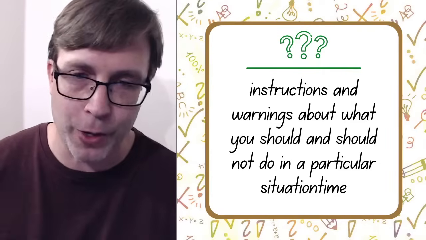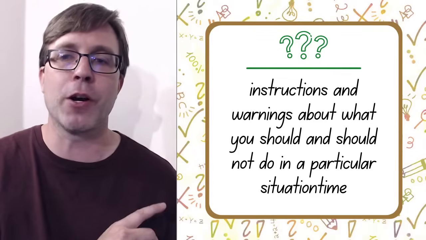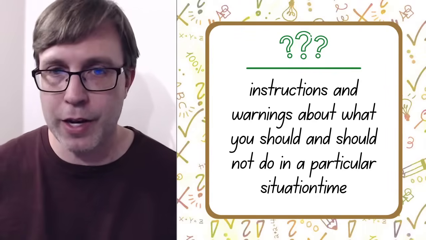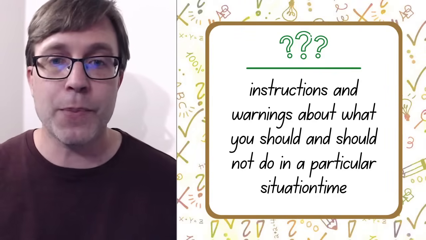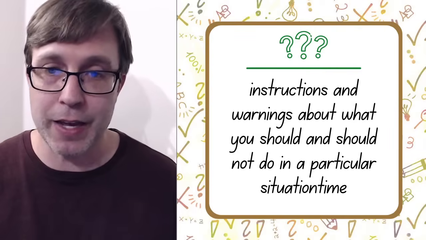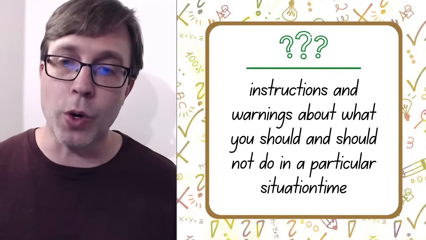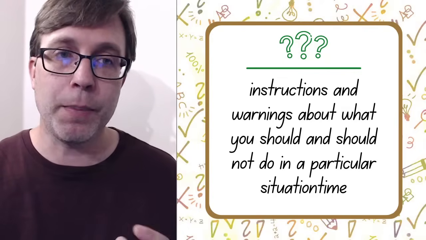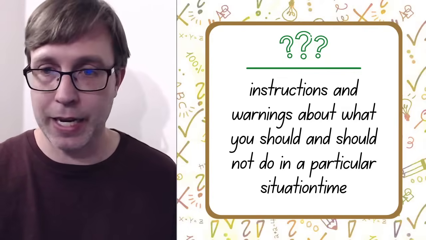I forgot to put that word in there. That bottom part there, that's a slight typo. So we're talking instructions and warnings about what you should and should not do in a particular situation or time. What binomial pair has this meaning?